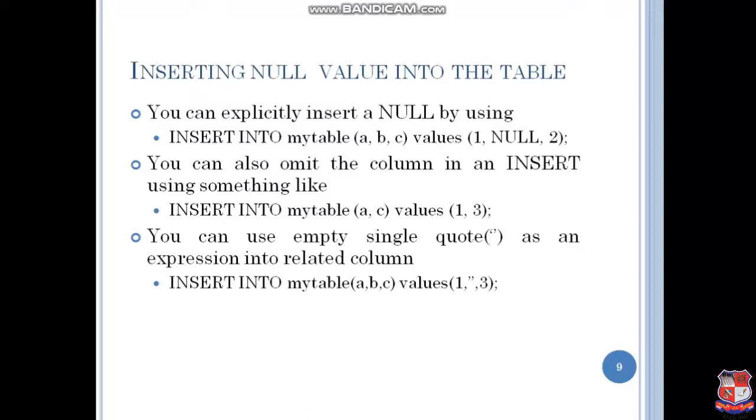The second way is you can omit the column in an insert, using something like insert into the table name, the column name and its values. The third way, you can use an empty single quote as an expression for the related column. Insert into my table, the column name and the values, and the null value is specified in the empty single quotes.